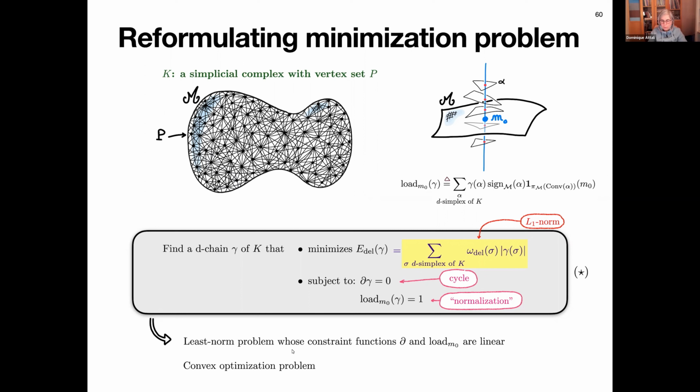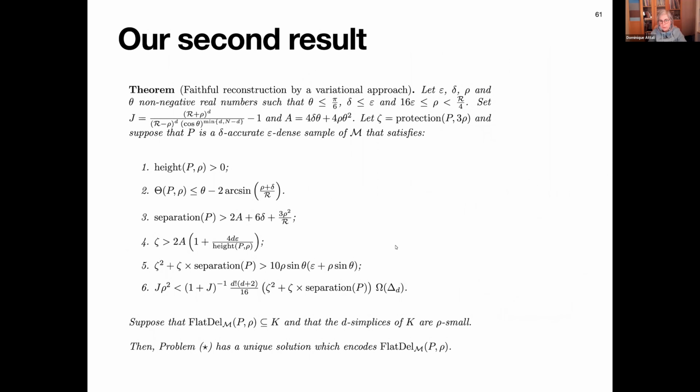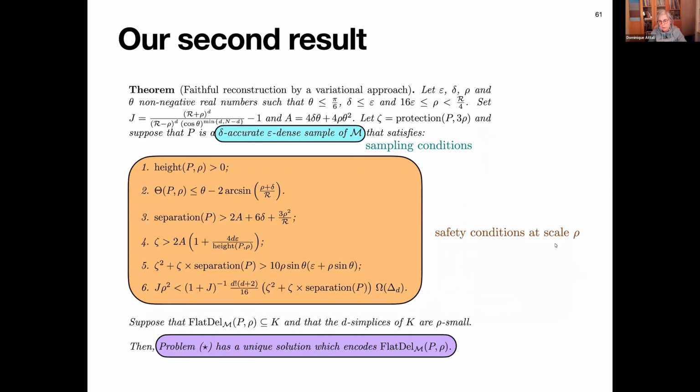Okay, so now the constraints are linear. The norm is ℓ1, and so we get a convex optimization problem that can be solved using slack variables by linear programming. So we are happy with the formulation. And what we were able to prove is that under some sampling conditions and safety conditions, the solution of this problem is unique and encodes the flat Delaunay complex.